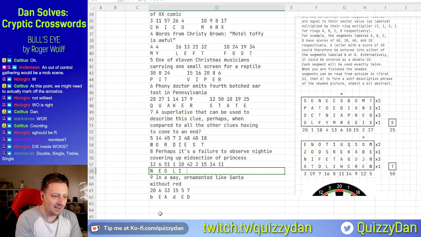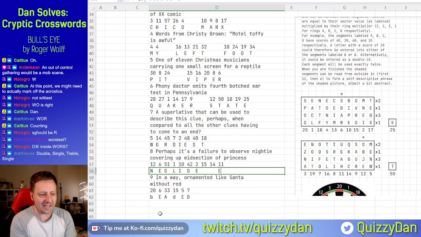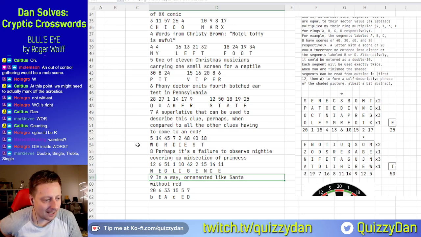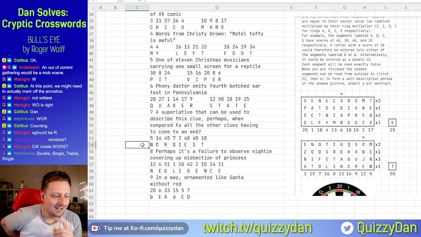Negligee. There's your failure. So, well, the 90 is your negligee. And then we're going to put in the middle of it the middle section of princess, which is N and C. And you get negligence, which is perhaps it's a failure.